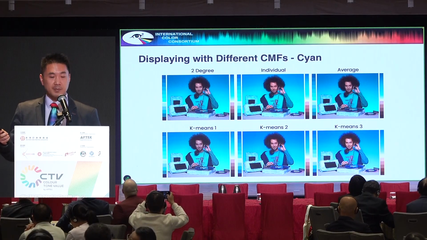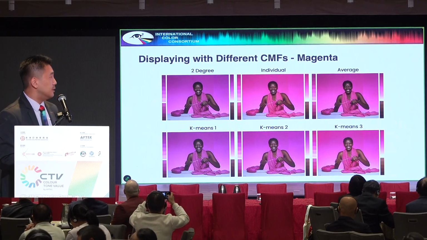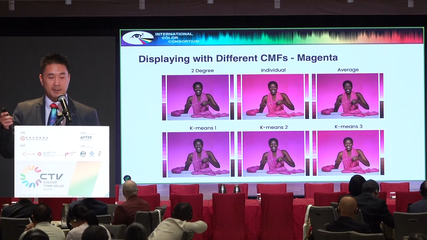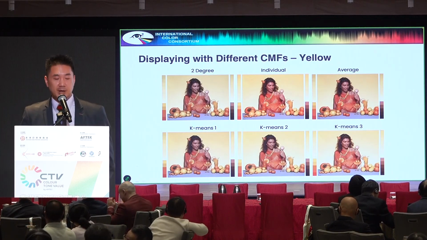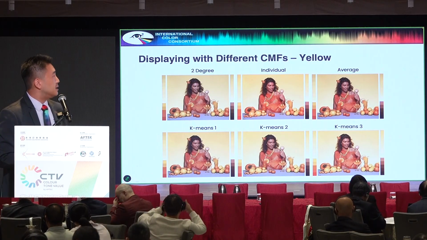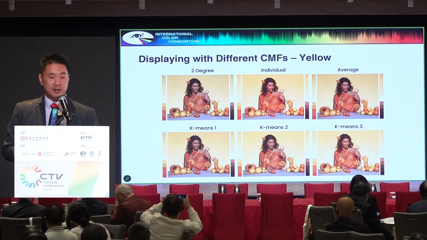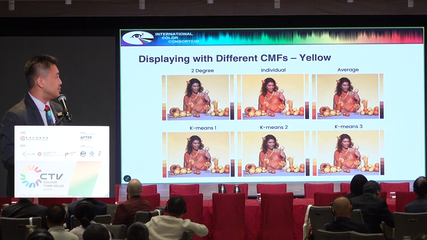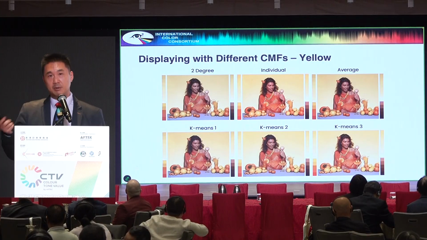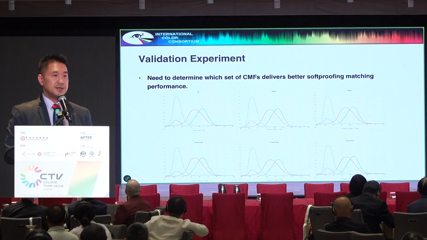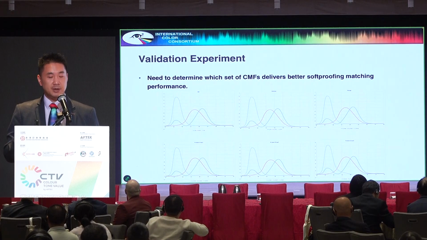And the magenta, I think you will definitely see a pronounced difference. And the yellow, besides the 2-degree observer, the other 5 sets of color matching functions don't show a lot of difference, and I'll explain that later on. So these are the 6 sets of color matching functions.